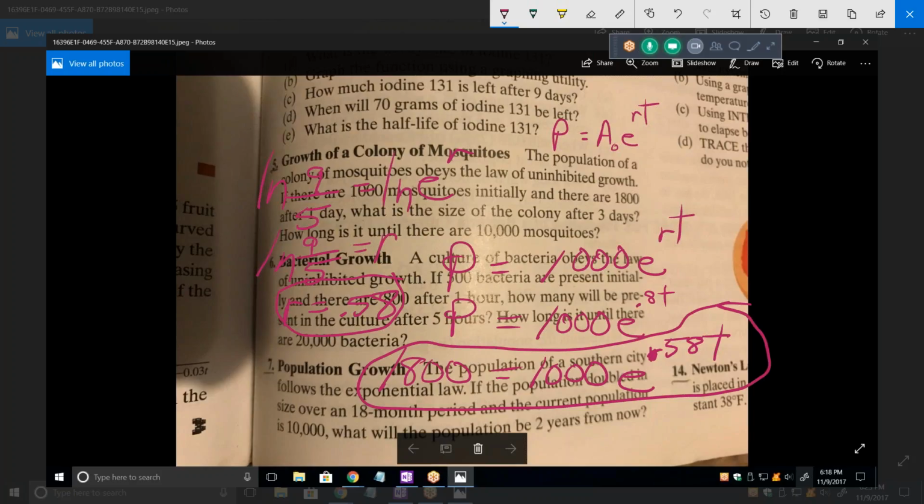How long is it until there's 10,000? Let's do that one. What do I do? Divide the 1,000 out. In other words, let's answer. We've got our equation. There's our equation.